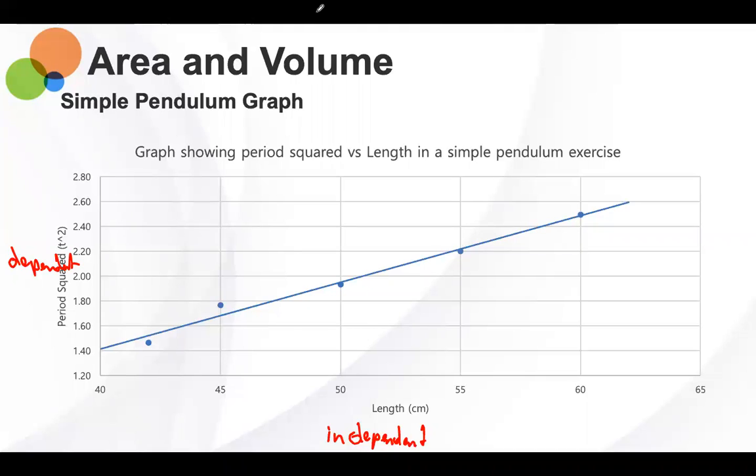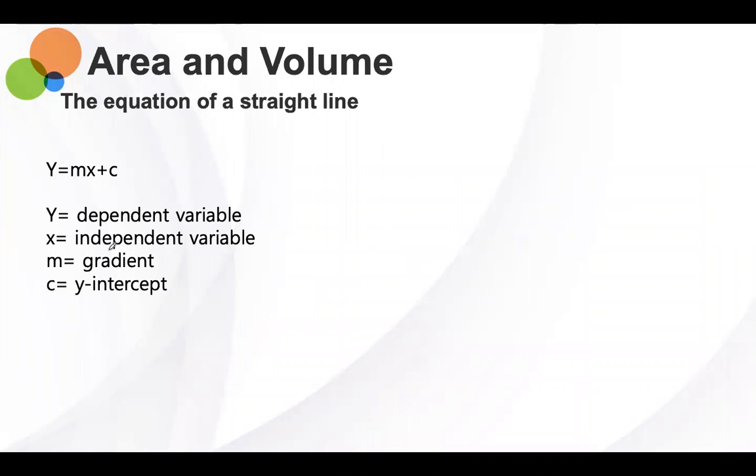As the length increases, you'll find that the period squared will depend on our length. It will start to change as well, because of the length. So we make x our independent variable, which in this case is the length, and the dependent variable, period squared.